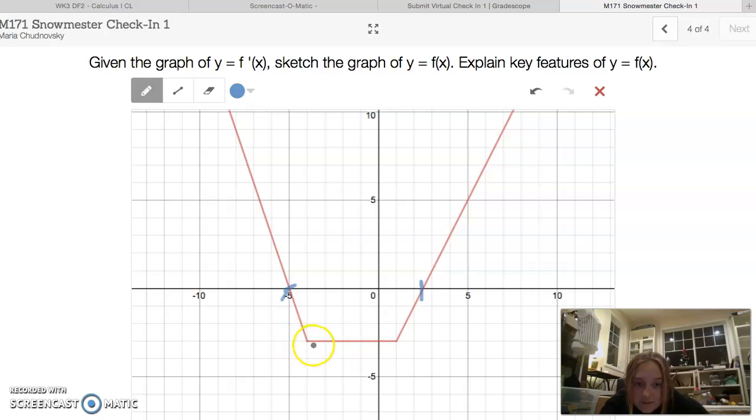I'm not sure what this big line is, but I know somewhere in here it equals 0. So there's a curve like this, or maybe it's like this.